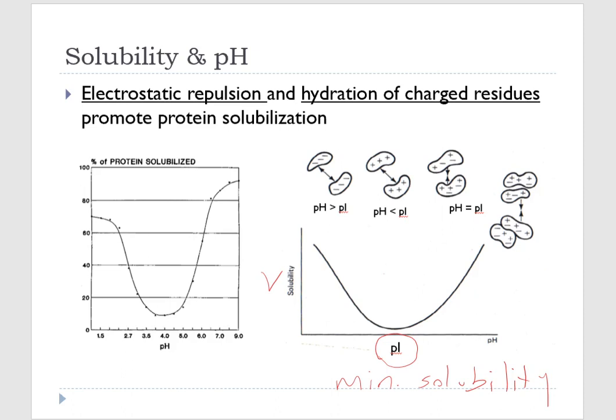But at pH values below and above the isoelectric pH, proteins carry a net positive or net negative charge. So when the pH is above the isoelectric point, the net charge of the protein is negative.